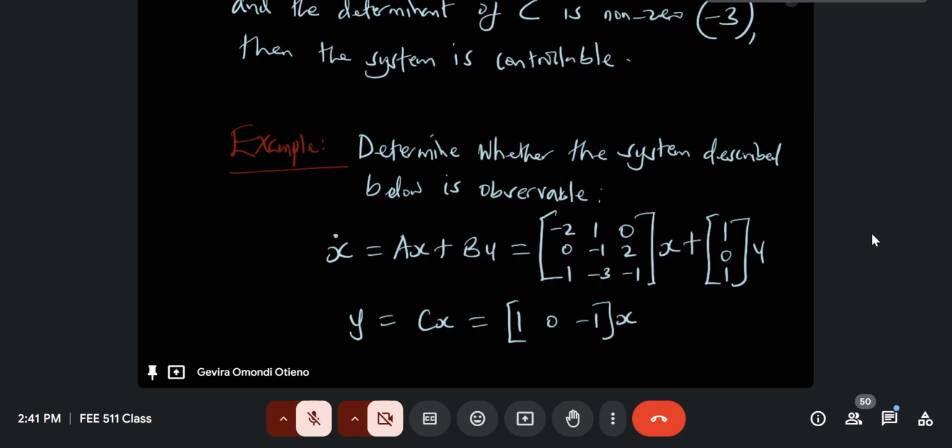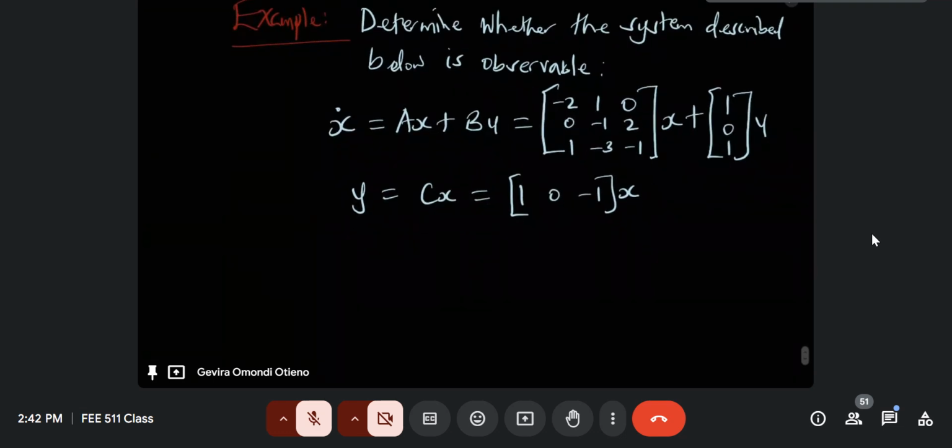rather than controllability. Now you can see clearly from the question that we have been provided with the output equation, because remember, the observability matrix, unlike the controllability matrix, makes use of the state matrix and the output matrix. So we need A and C, not A and B. That's why the output equation is provided in this case. It was not provided in the previous case for controllability.